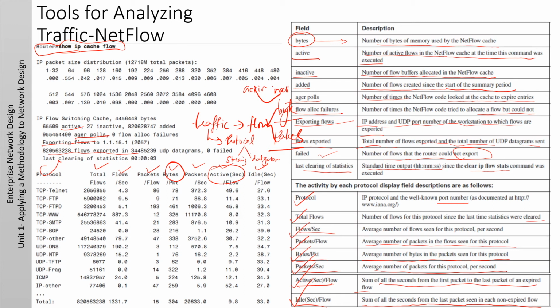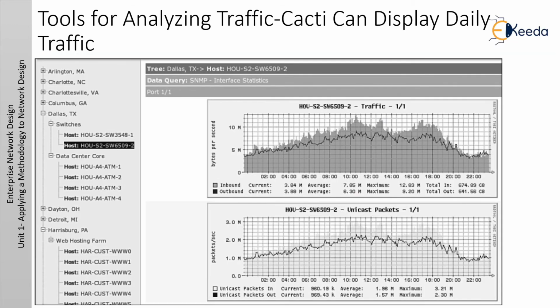See how to analyze NetFlow, how to analyze traffic using NetFlow. This is another tool for traffic analysis, Cacti. It can display daily traffic. So here you can see it shows inbound and outbound packets, unicast packets in and unicast packets out.